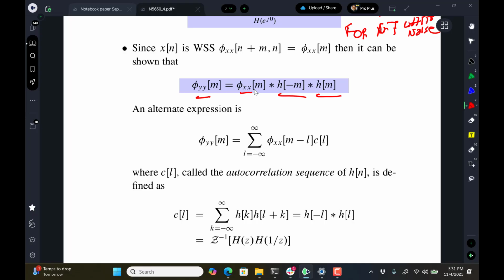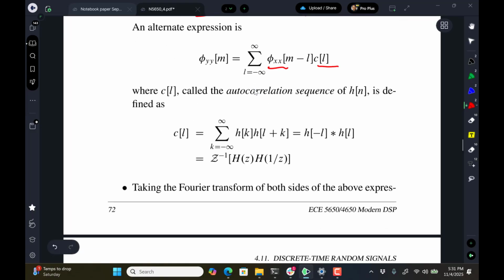So we can actually write that as the convolution of phi xx and a deterministic function called C of L, which is called the autocorrelation sequence of the impulse response h of n. And that would just be this part of the expression from up above.